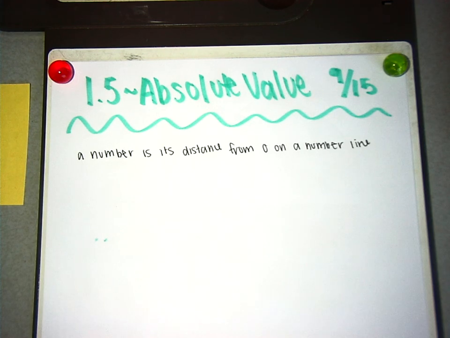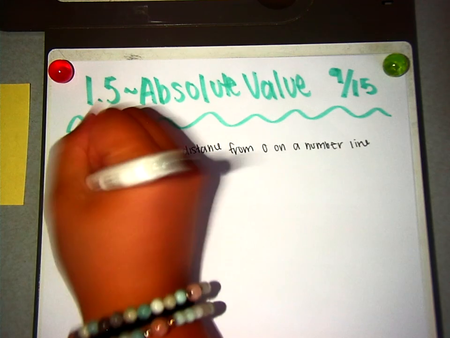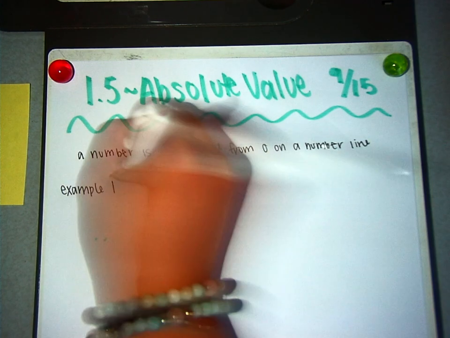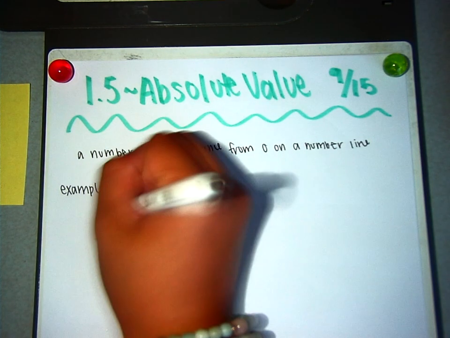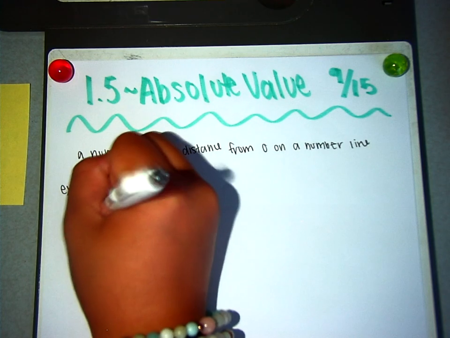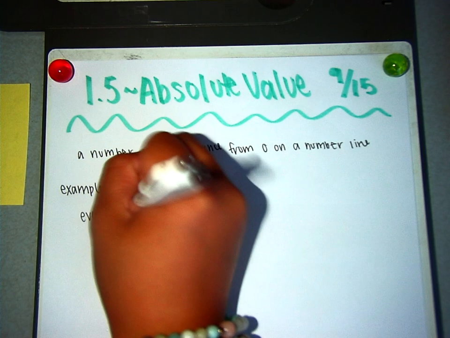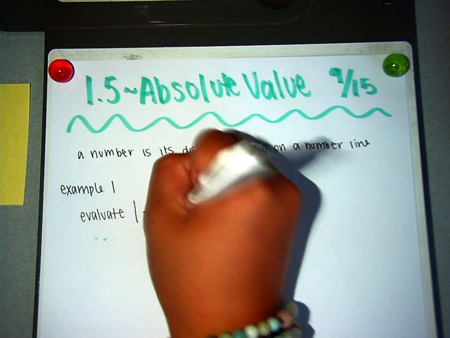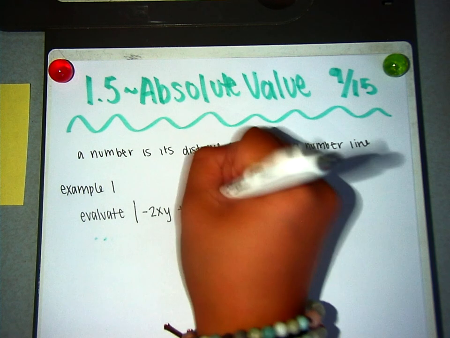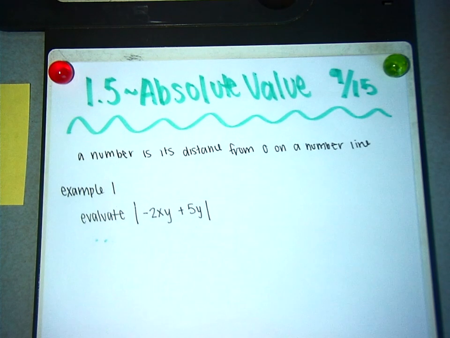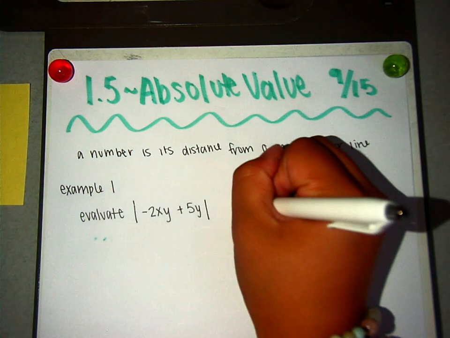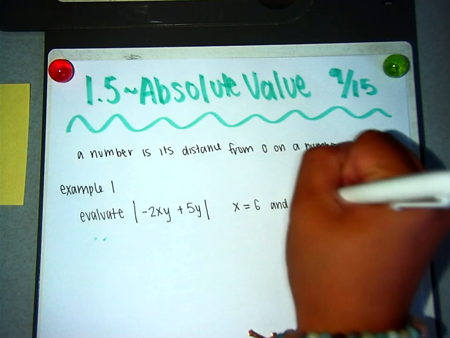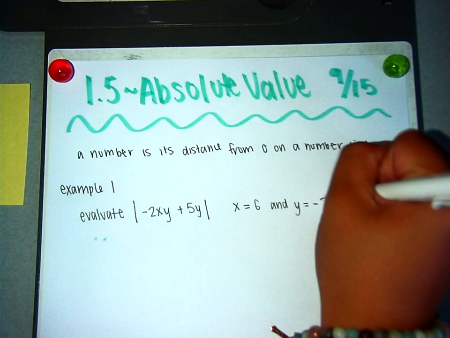So we're going to do 2 examples today. Example 1. Evaluate the absolute value of negative 2xy plus 5y, where x equals 6 and y equals negative 3.